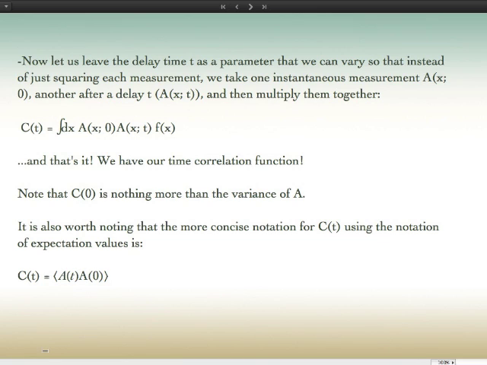This is more what you see in the literature. I feel this form is more informative to look at, but if you know what you're looking at with expectation values, you'll see that these really are equivalent. That's why I wanted to start with this notation, just because I thought it was more informative. But typically, this is the one you'll see in the literature.